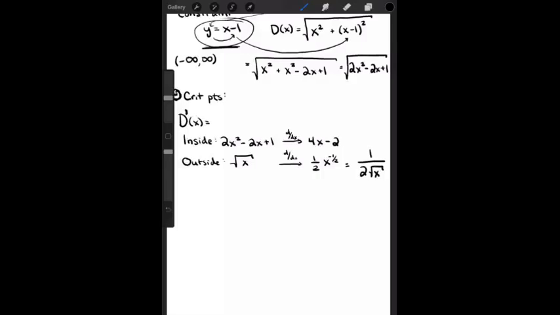So then the chain rule says that we want the derivative of the outside with the inside plugged in times the derivative of the inside.